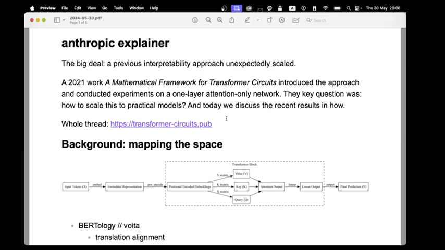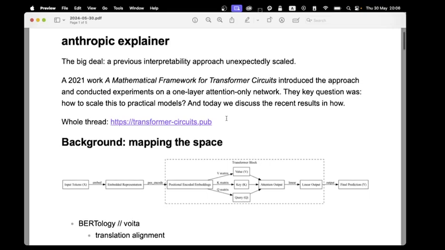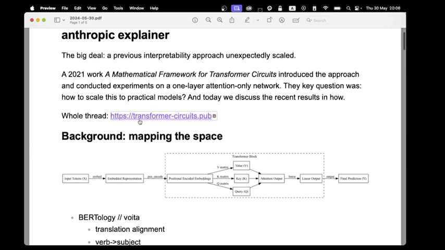A toy model might have 100 neurons, but production models have billions. So that was why it was unclear it would scale. The people have a website where they document this kind of expedition, in this particular research agenda.